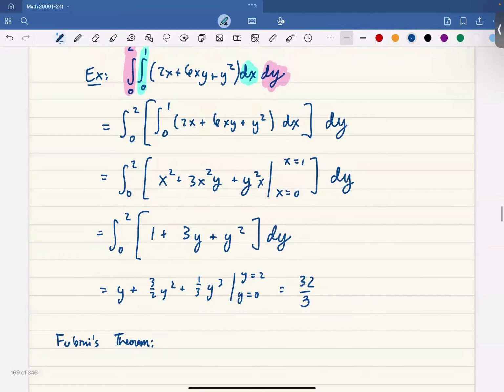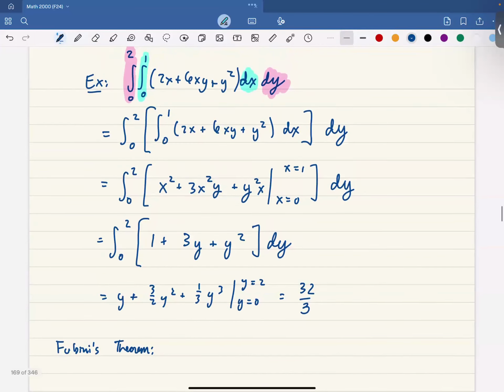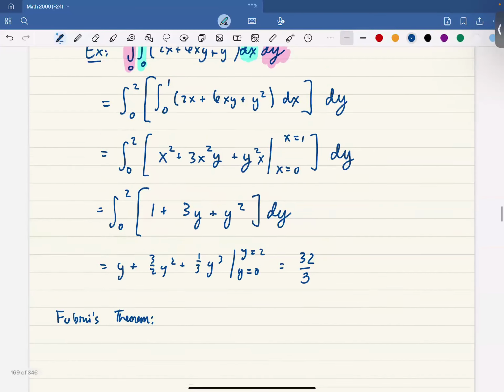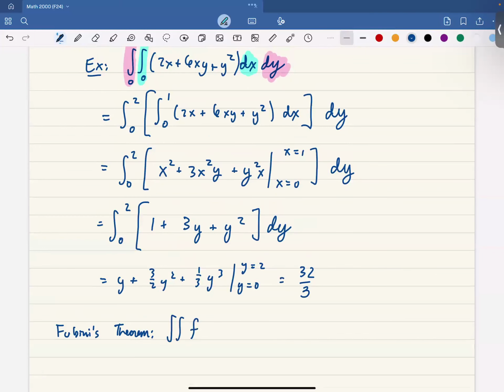Fubini's theorem basically says that if you're integrating over a rectangle, if you have this integral of f of xy, there's a few versions of Fubini's theorem, but you integrate over this rectangular region, then you can switch the order of the integrals.